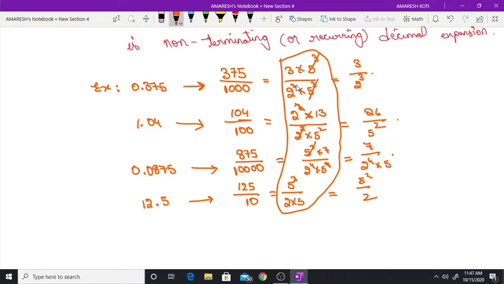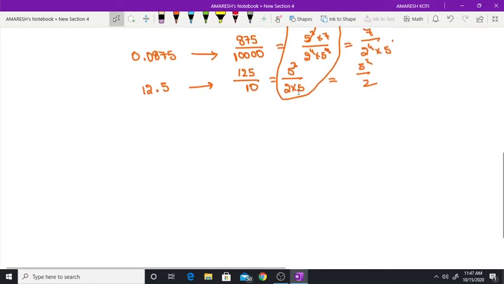So here you can observe that after expansion, if the denominator is in the form 2 power m into 5 power n, that means suppose some number x is there, after expansion you get some numerator and some denominator.